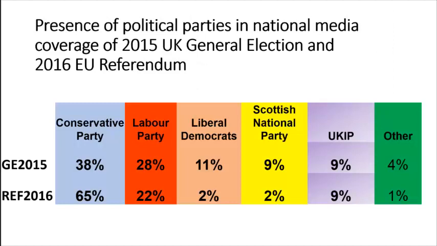To show how this feature operates, we compare the data distribution already presented of directly quoted political representatives in national news coverage of the 2015 UK general election with an identical analysis of national media coverage of the 2016 UK referendum, which asked whether Britain should remain in the European Union. A cursory comparison of these two data sets suggests that there was far less diversity in the Ref 2016 campaign. Notice in particular the dominance of Conservative Party sources relative to the 2015 campaign.